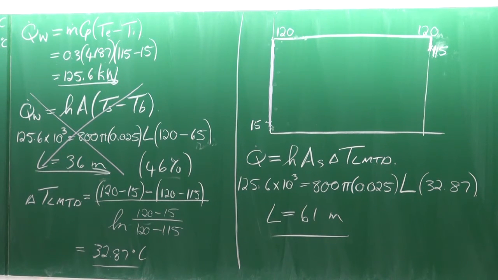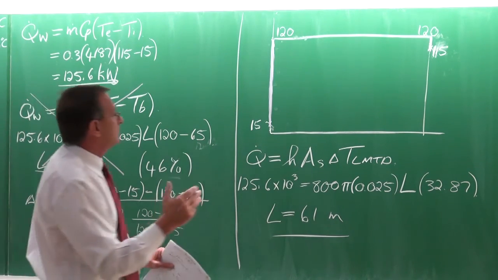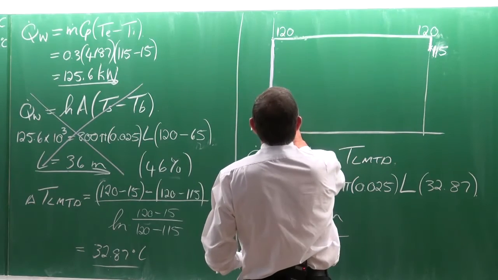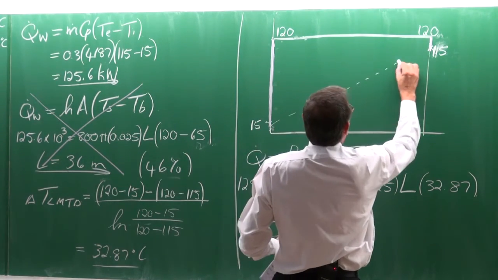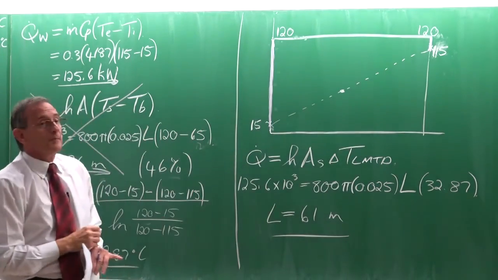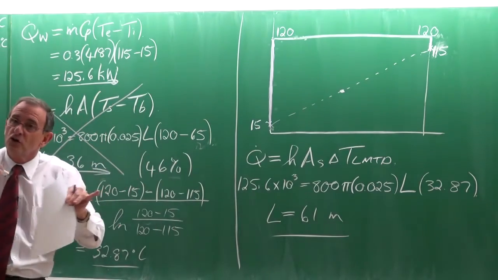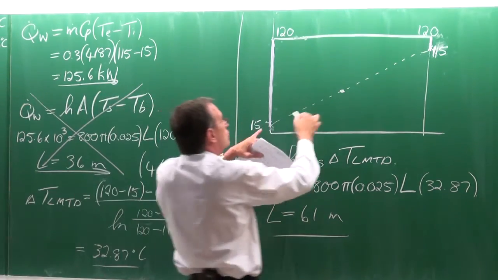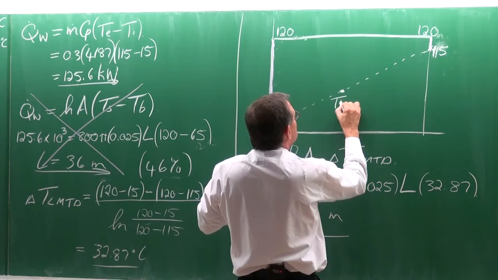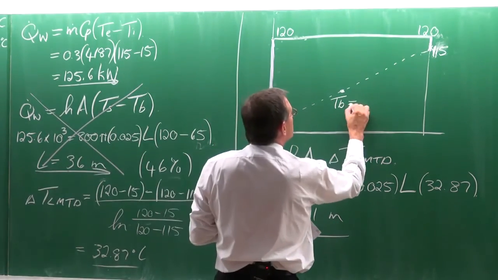So it's much longer. To fundamentally understand it, let me show you what is typically happening, and that is that the change in temperature is not like in the case of a constant heat flux, so it doesn't follow this line. That is the bulk temperature that we've calculated as 65.